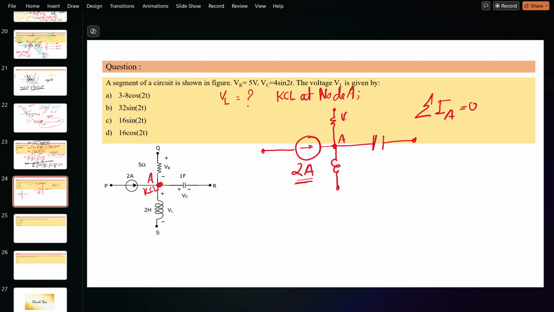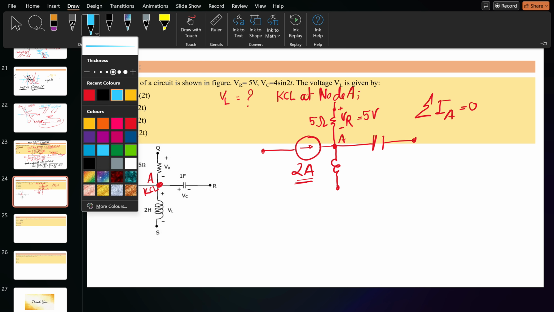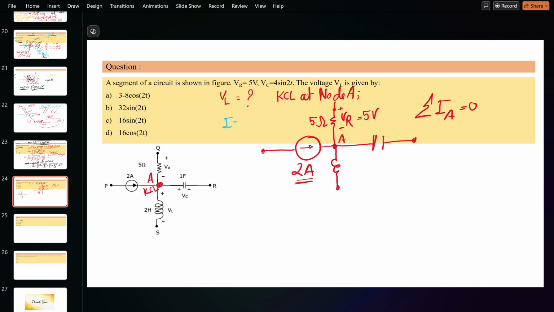VR is given as 5 volt, and the resistance is also given with positive and negative terminals. So the current you can find from here: I will be equal to V by R. V is given as 5, and the resistance is also given. The 1 ampere current is flowing from here.